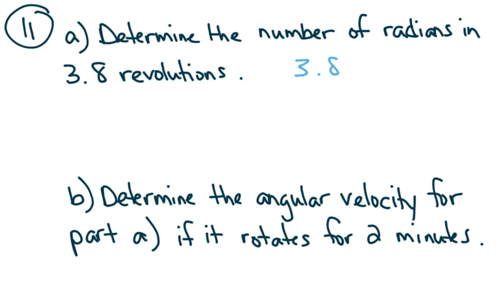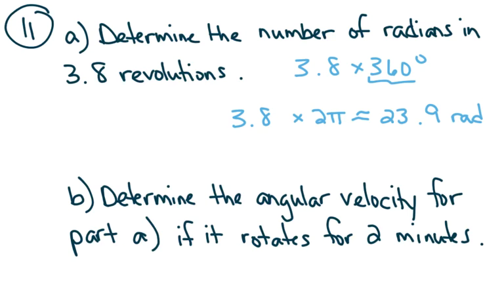And then we would have multiplied it by 360 degrees. But since we're doing this in radians instead, what is the radian equivalent of 360 degrees? It's 2 pi. So you're going to multiply this by 2 pi radians. And we're going to get 23.9 radians.